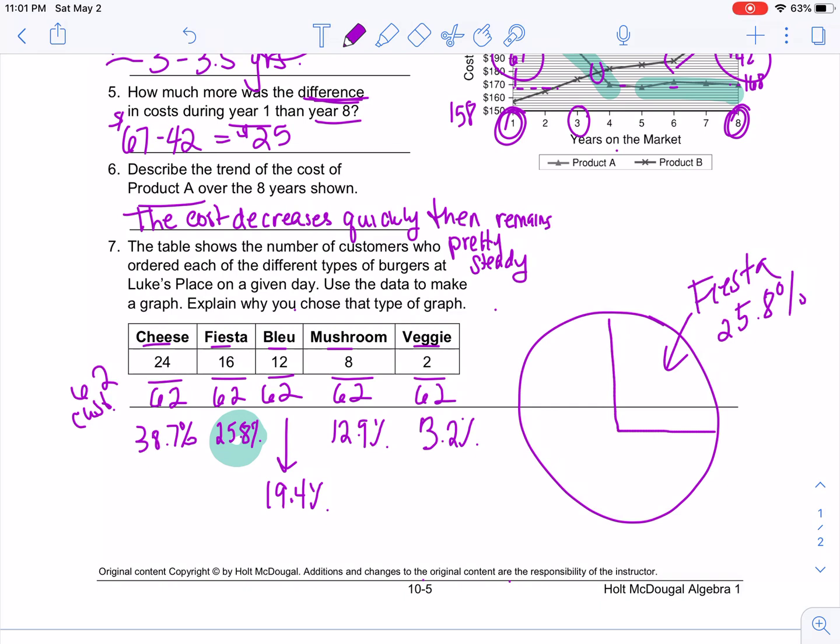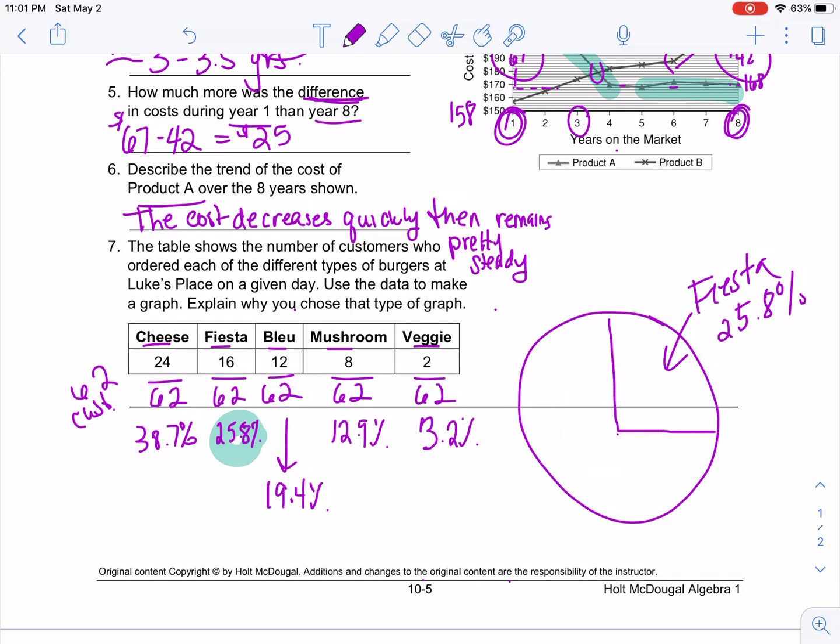So when I look at, let's see, 38 and 19 and 12 would give me about 69, which is just under 75. So that means that the rest of this would be 75.